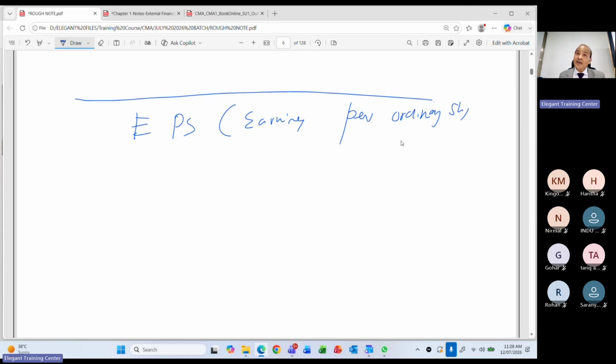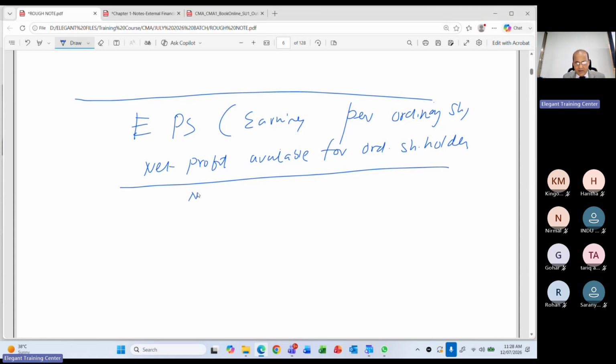So who can tell me the EPS formula? EPS formula: net profit available for ordinary shareholders divided by the number of outstanding ordinary shares.